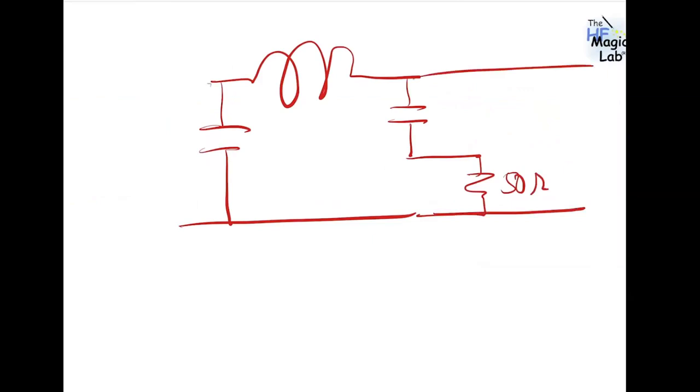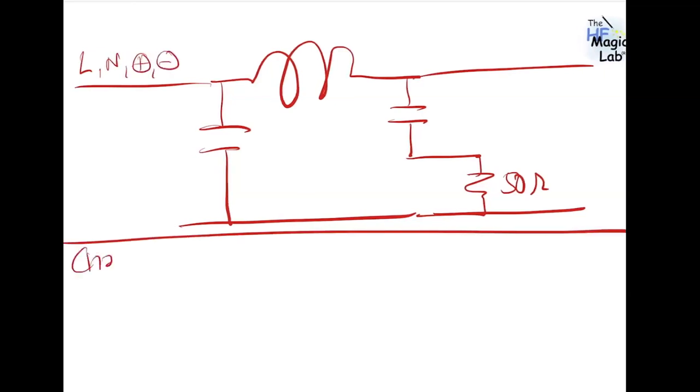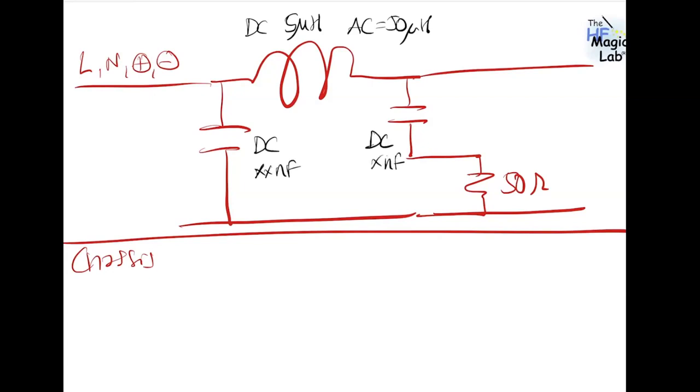This is, for example, line, neutral, positive, or negative in your line, and this is the chassis, the metal plate. In DC, this inductor is typically 5 microhenries. In AC, this inductor is 50 microhenries. For DC, these capacitors are in hundreds of nanofarads, and for AC, these capacitors are in microfarads.